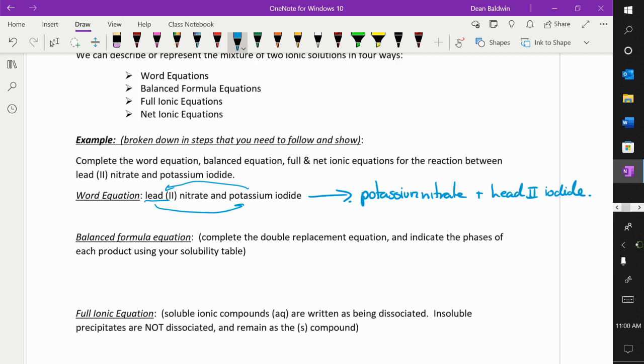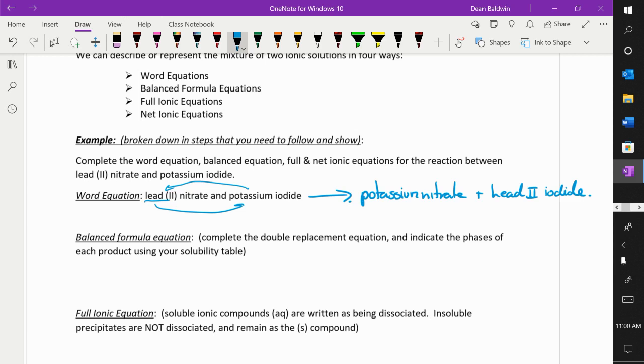What type of reaction is this? It's a double replacement reaction, right? Okay. So there's the word equation.